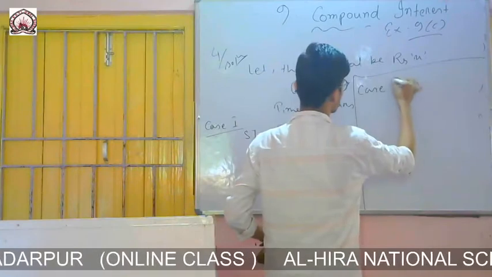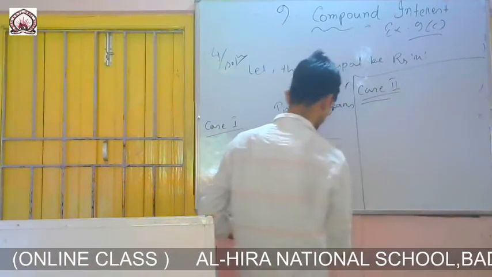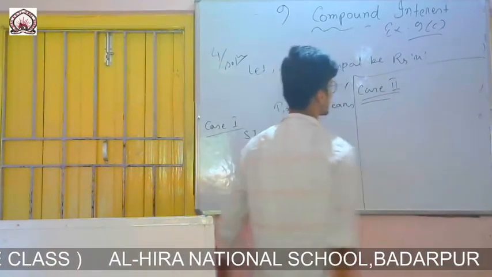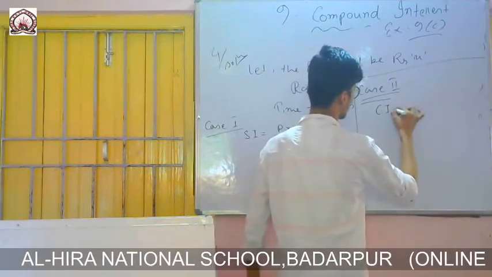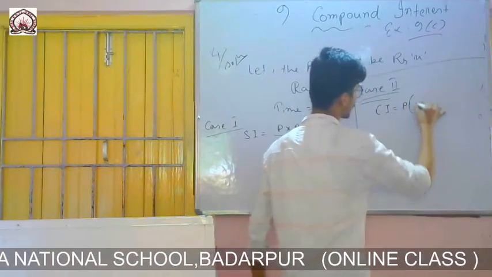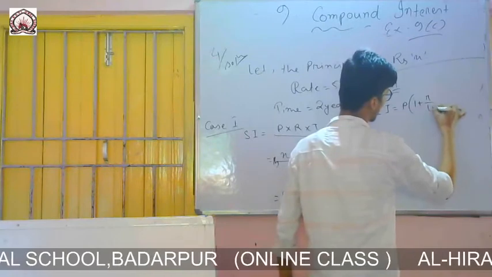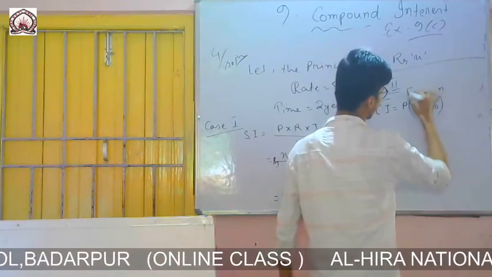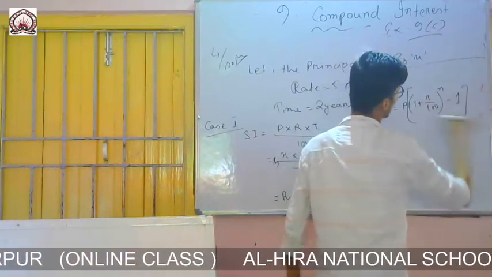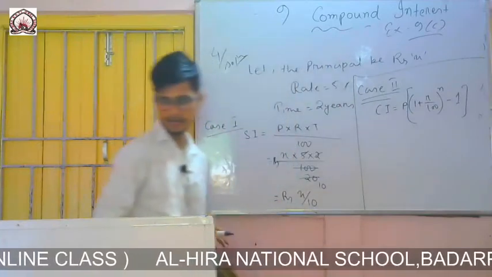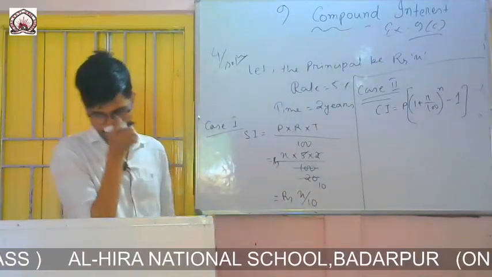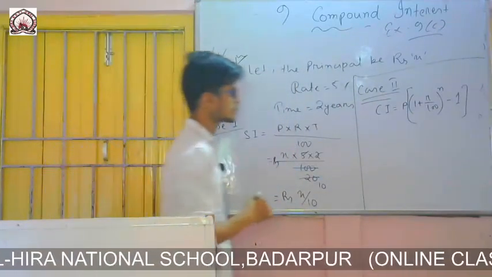Case 2: we'll find the CI. We know the formula, it is P into 1 plus R by 100 to the power n minus 1.